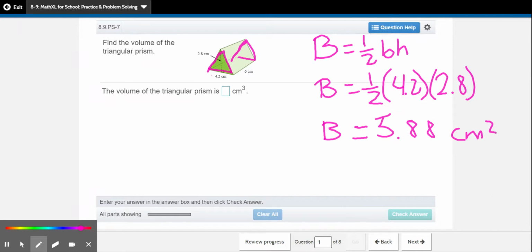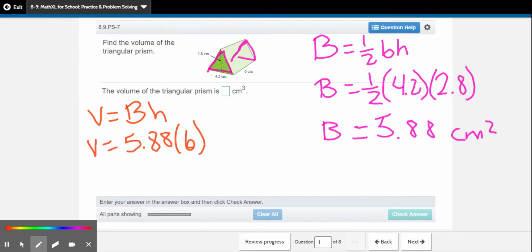Now let's find the volume. And this formula works for every single volume problem with prisms. So let's fill it in. So we have 5 88/100 times 6. Okay. So we get 35.28 centimeters cubed.